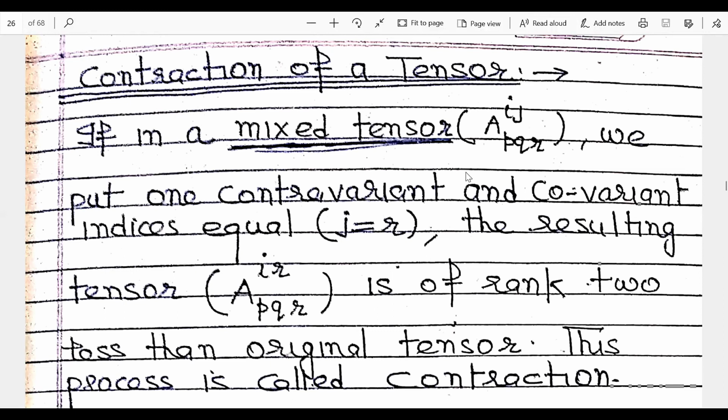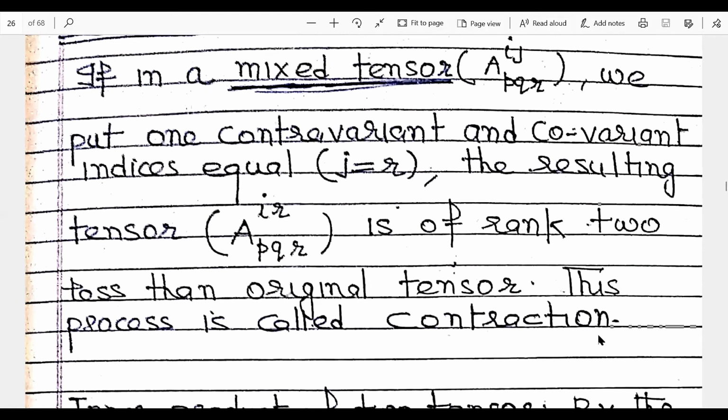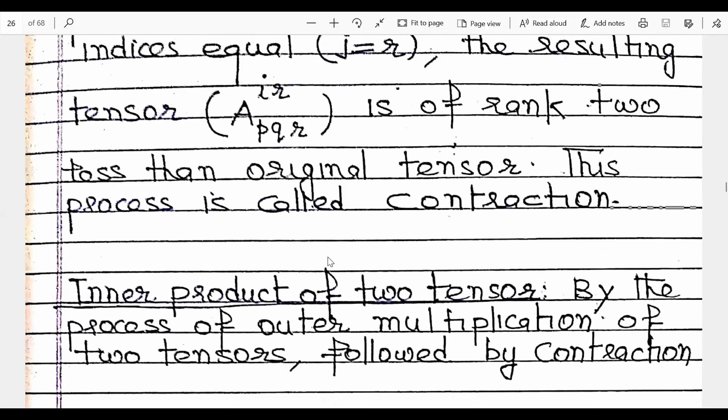So rank will be shifted from 5 to 3, and this process is called contraction. So remember, in contraction, we put one contravariant index equal to a covariant index, and the new tensor will be rank 2 less than the original tensor. So this is contraction.